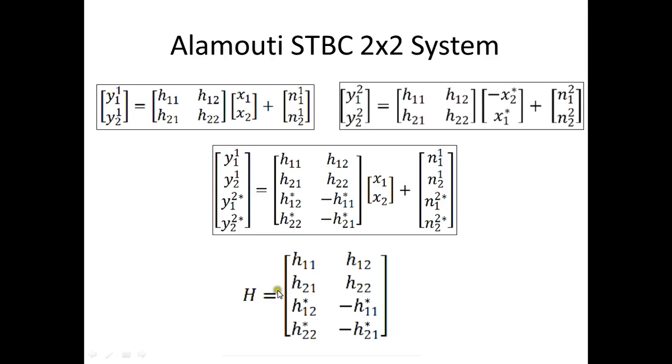The channel matrix H is given by H11, H12, H21, H22, H12 conjugate, minus H11 conjugate, H22 conjugate, and minus H21 conjugate.